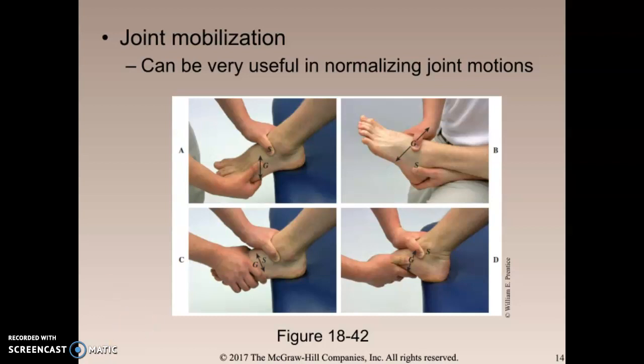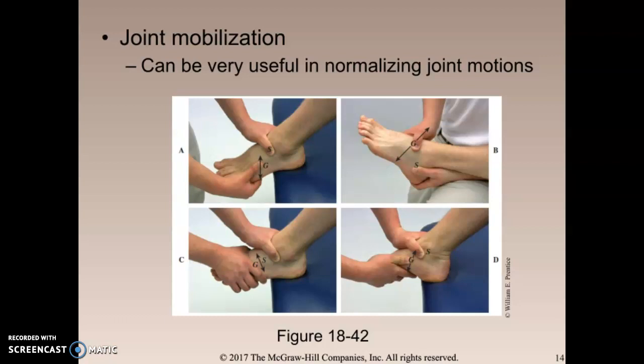Where we do mobilize more often is towards the ball of the foot, so we can mobilize each metatarsal individually of each other, so we can stabilize one metatarsal while we mobilize the one next to it, creating more range of motion in there. That helps increase that transverse arch.